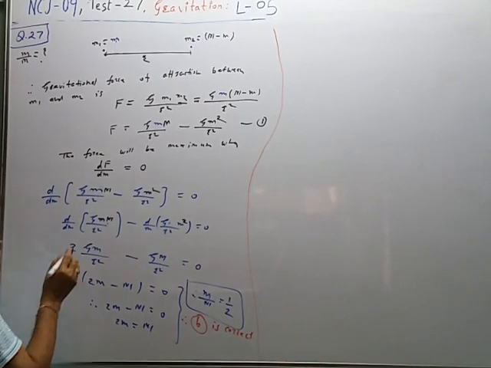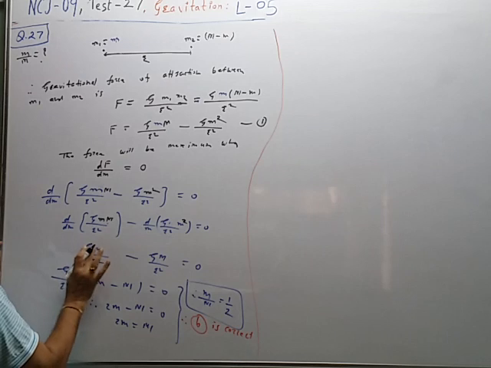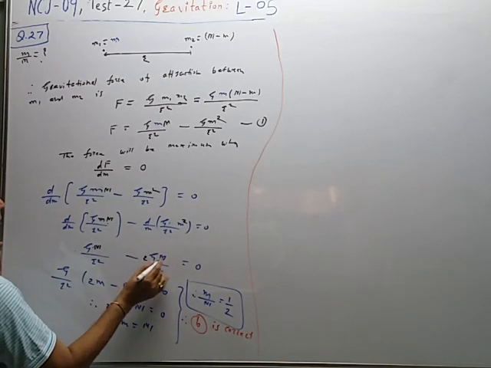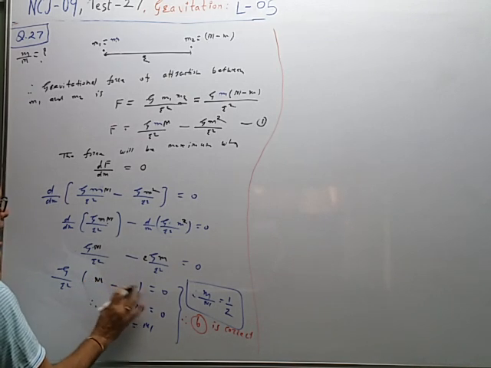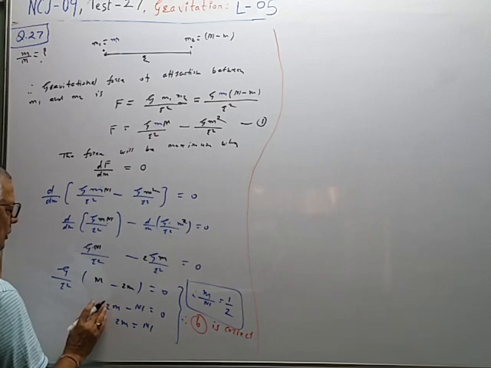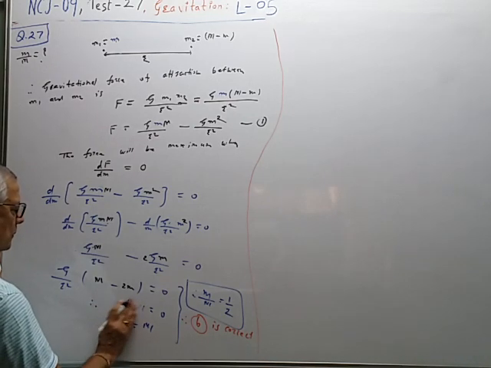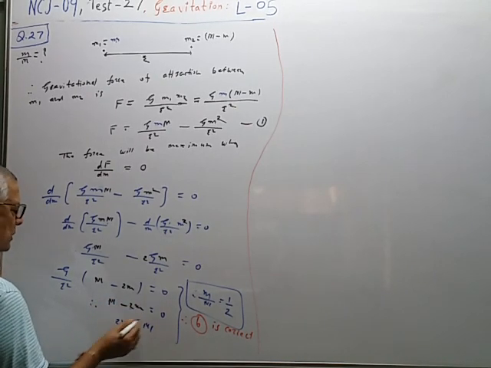The derivative is M minus 2m is equal to 0.